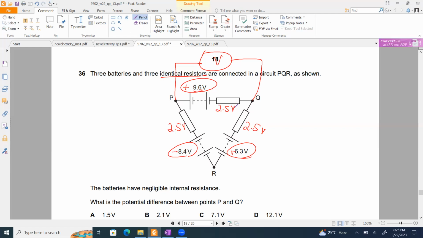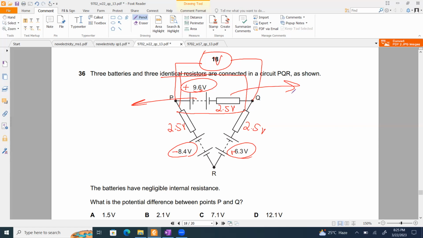Now, because we are working across point PQ, there are two things: one battery of 9.6 volt, and the other is a component of 2.5 volt, right?